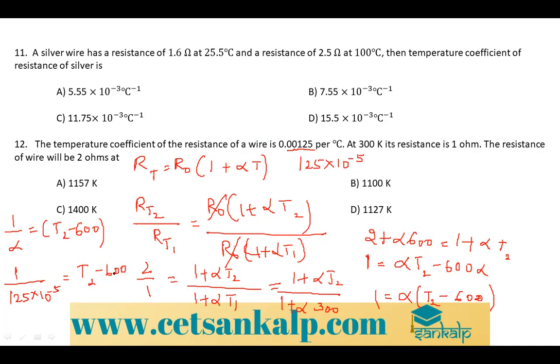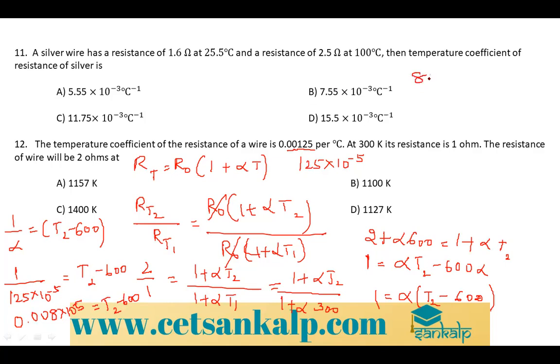So 1 divided by 125 is 0.008, into 10 to the power minus 5 becomes plus 5, is equal to T2 minus 600. So when you do this, you'll be getting 800.